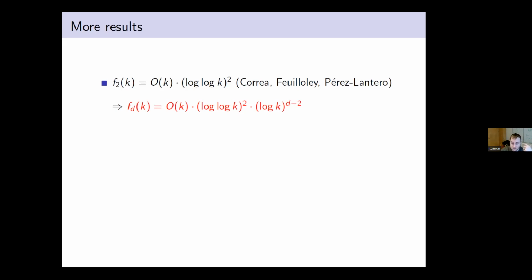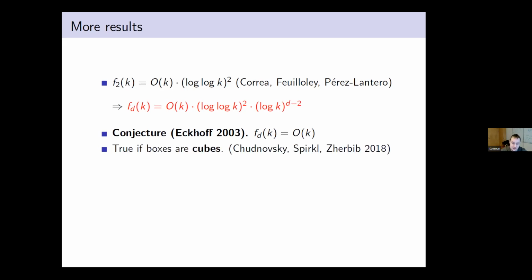Okay, but what's known from below? So it was actually widely believed that in any dimension, it should be linear. This conjecture was formulated in the survey of Eckhoff, but there were hints already in previous papers. And there is actually a lot of support for this conjecture.